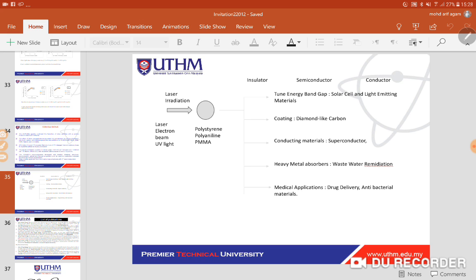And of course, meaning that we can tune the materials. When we tune the material, we tune their energy band gap. Therefore, it can be useful for solar cells and light emitting materials.